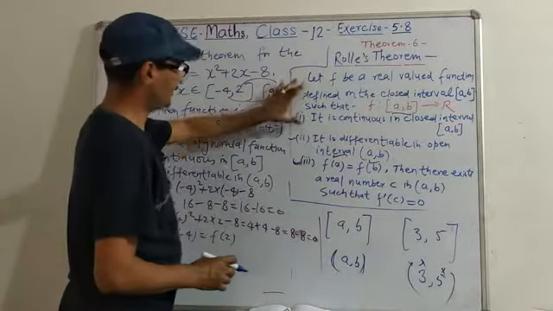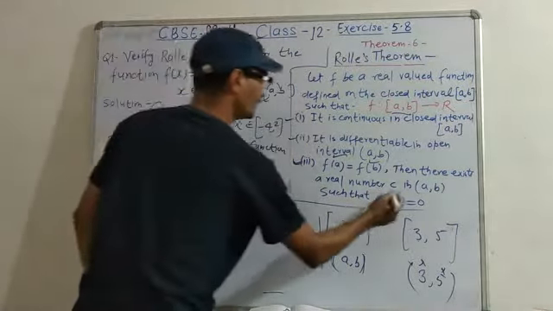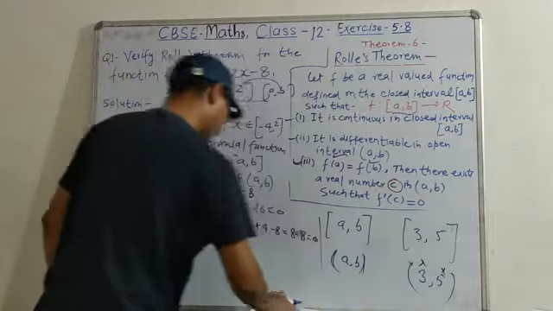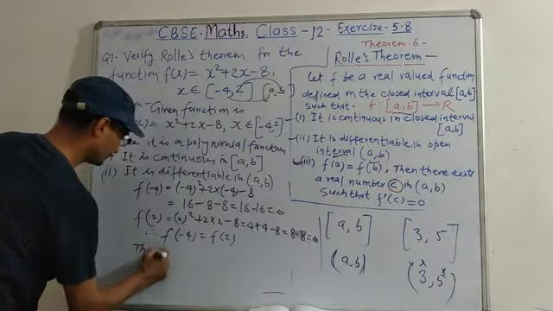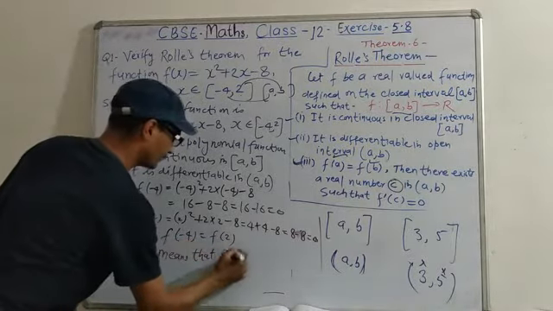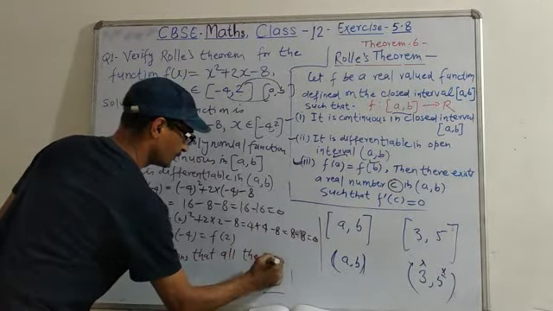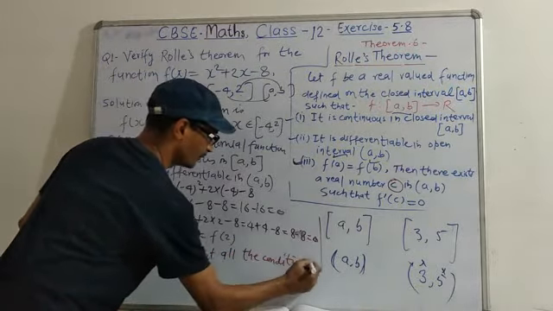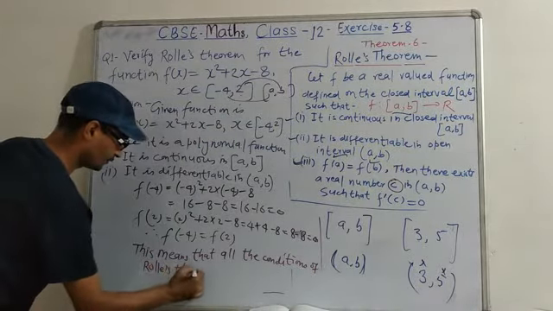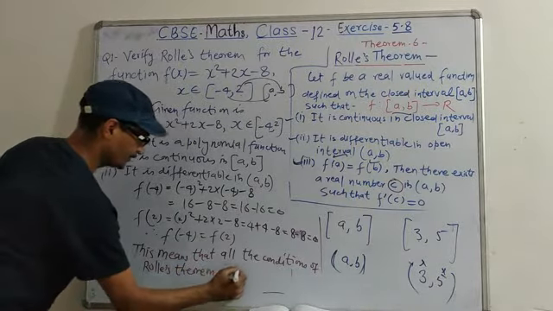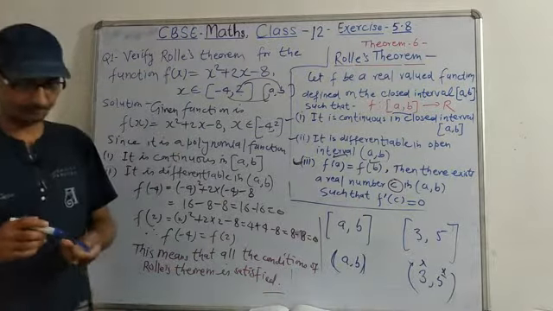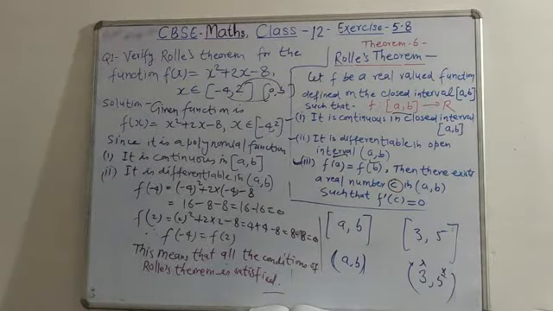So if three conditions are satisfied, we can find a real number c. This means that all the conditions of Rolle's theorem are satisfied. Three conditions are satisfied.